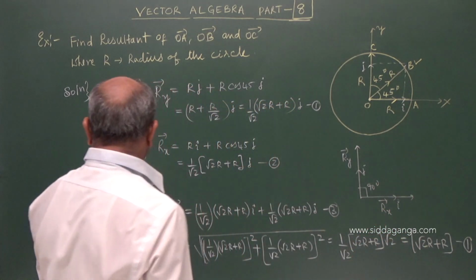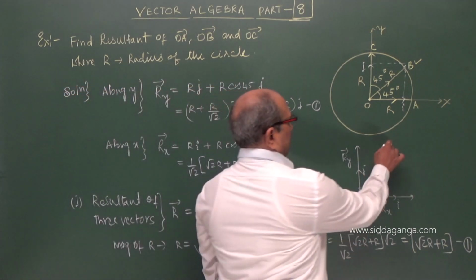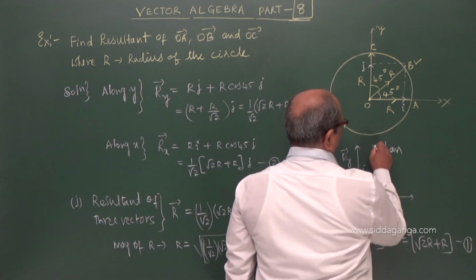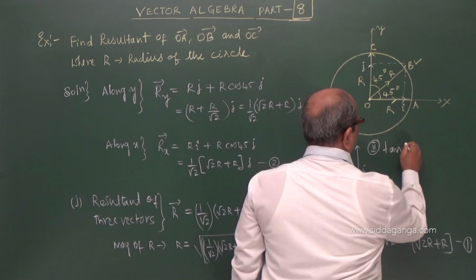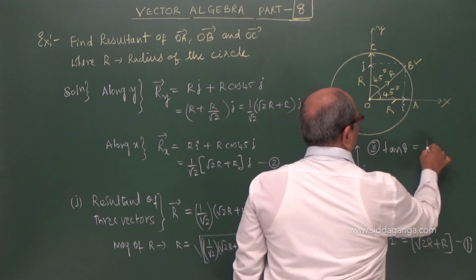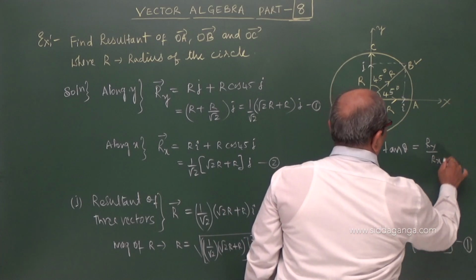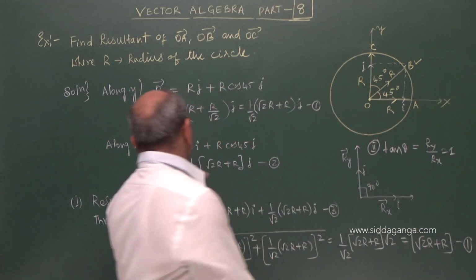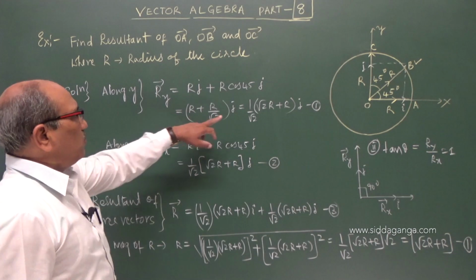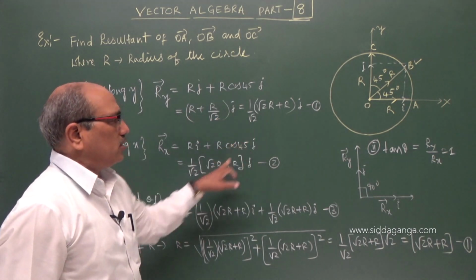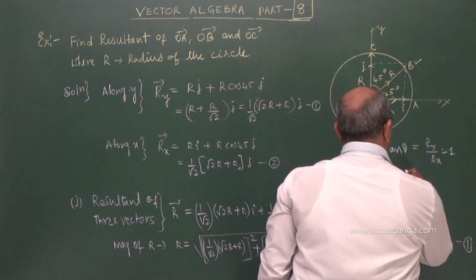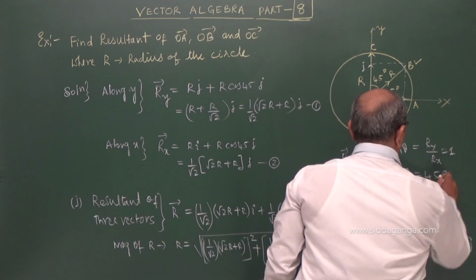Suppose you want magnitude and direction. Second, I am writing here: tan theta is Ry by Rx, which is equal to 1, because the values of Rx and Ry are both the same. Magnitudes of both are same, cancel, 1. Therefore, theta equal to 45 degree.